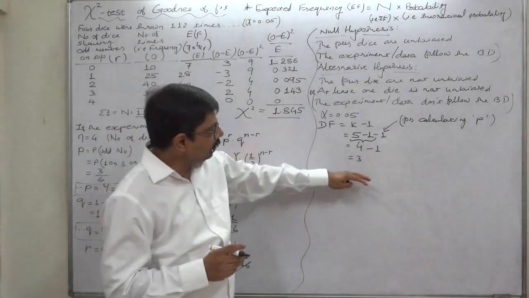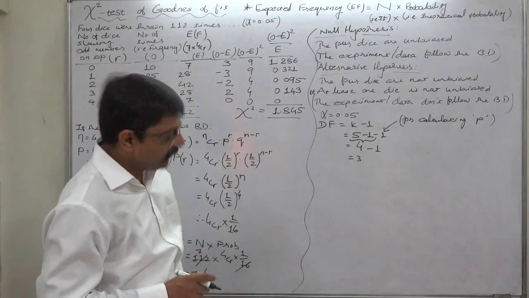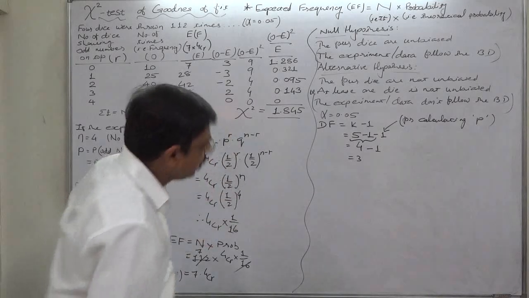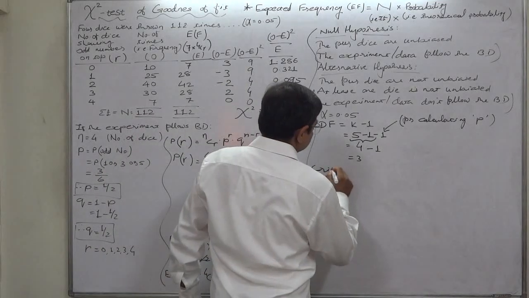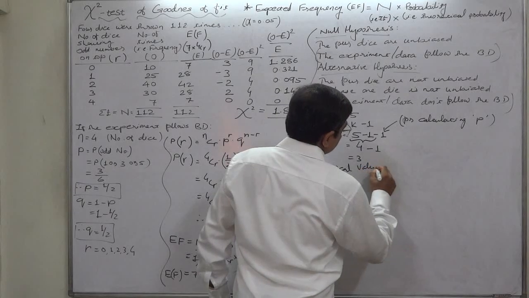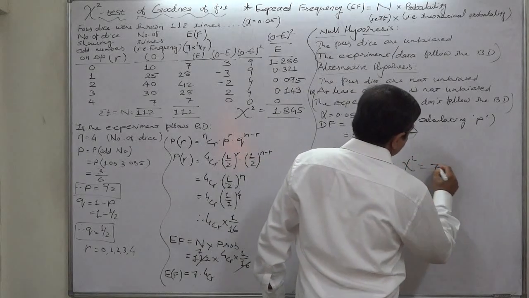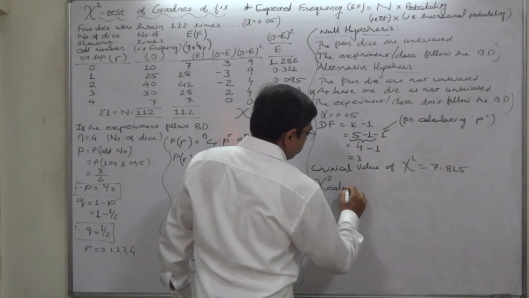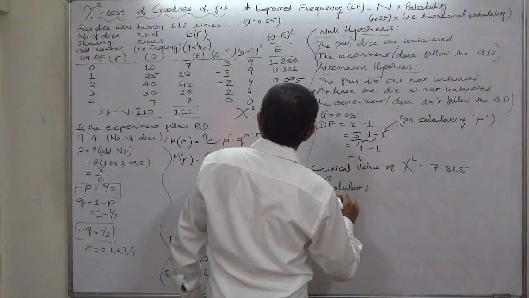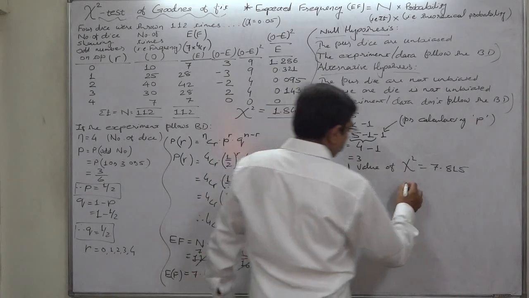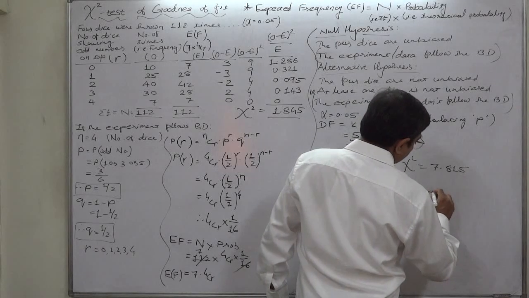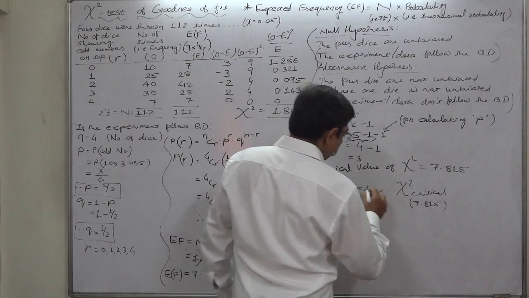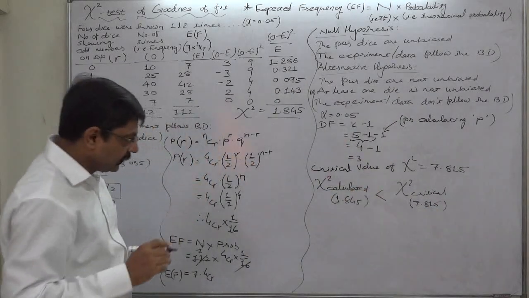Now, critical value of chi-square for 3 degrees of freedom at 5% level of significance comes to, from chart it is 7.815. Now let's compare. Chi-square calculated is just 1.845. Chi-square critical 7.815. That means calculated value of chi-square is less than the critical value.